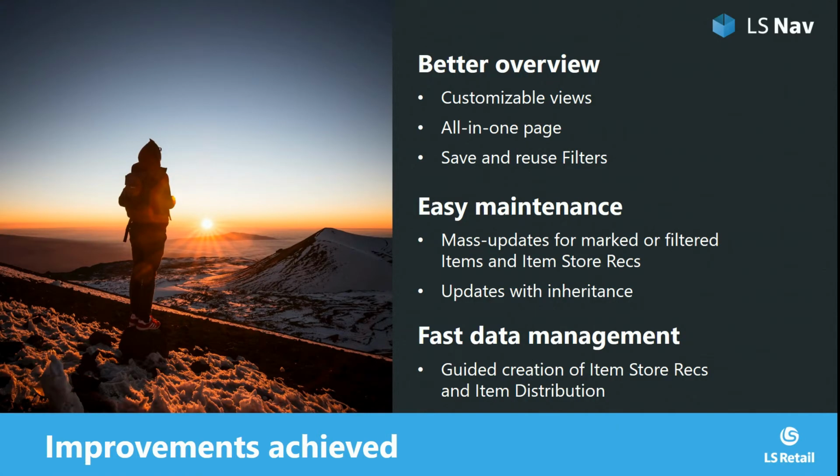The replenishment control data list will help you to gain a better overview by providing a customizable page which shows all relevant information. Saving and reusing filters speeds up your daily work. Maintenance is much easier than before with the mass updates and inheritance from items to item store records.